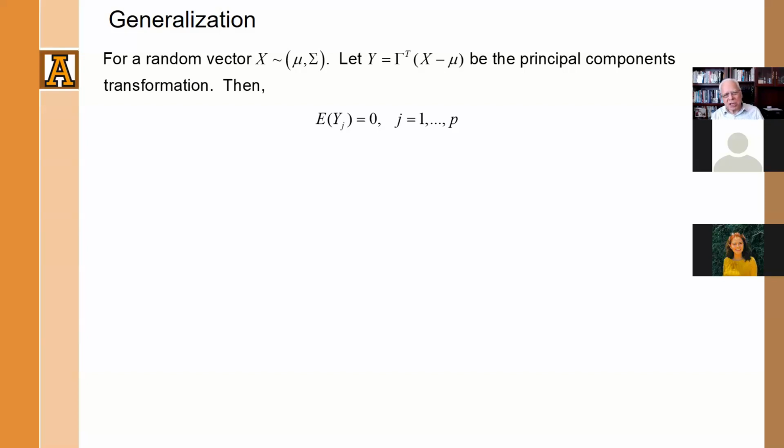So it's gamma transpose, which is the matrix of eigenvectors, times X minus mu. Now, the expected value of Yj is equal to 0, because we remember that in the transformation we're subtracting the mean. Okay. And the variance of the jth transformed variable, Yj, is lambda sub j.